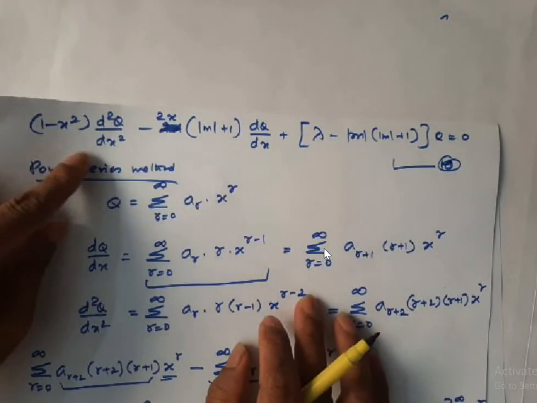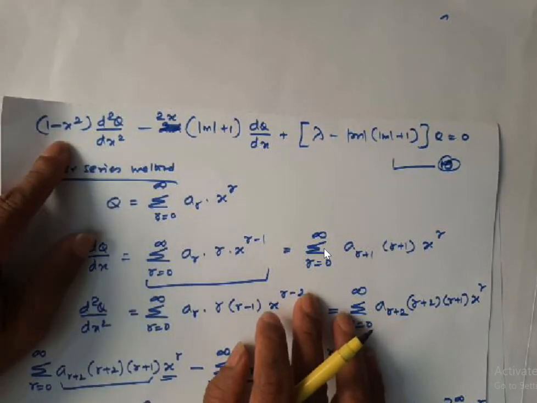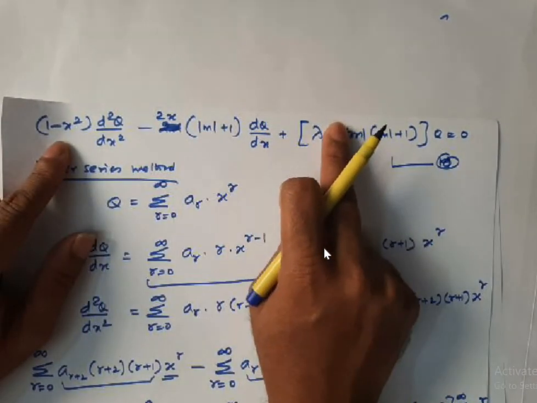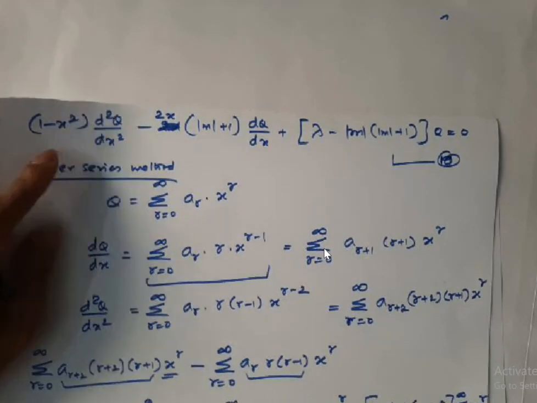So what I'm going to do is go to the differential equation again. This is our original differential equation, 1 minus x square.